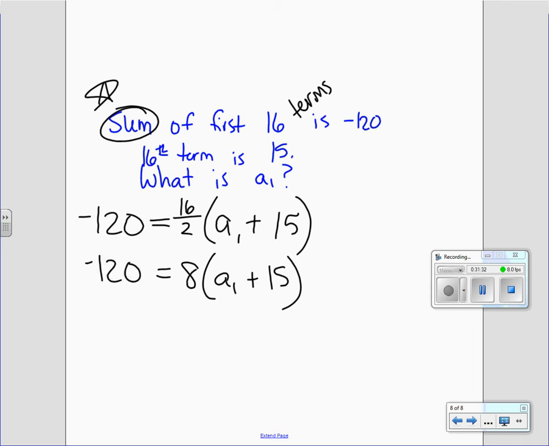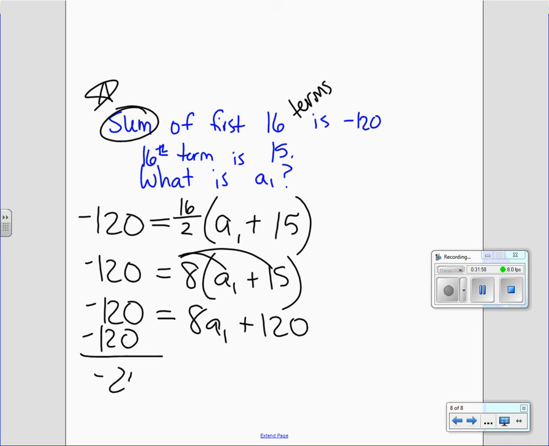Okay, what else could I do? I could distribute, that would work. All right, let's distribute. 8, A1, 8 times 15. Somebody do that for us. 120. Okay. All right, what would I do next?